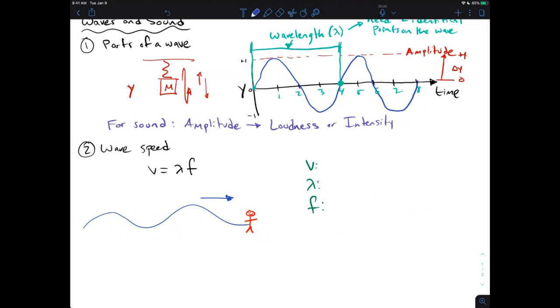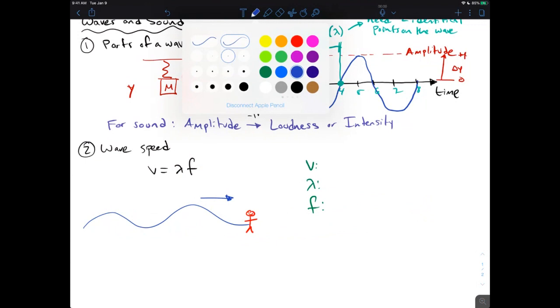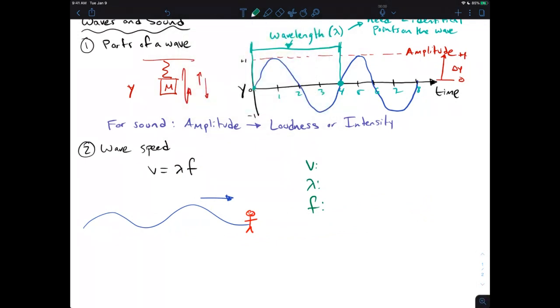So this is just a different way of using the same exact formula that we had before. So this is my wavelength, and this is my frequency. So just remember for frequency, this is number of oscillations per second.